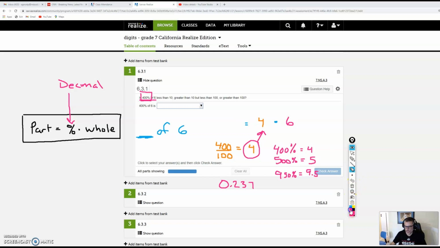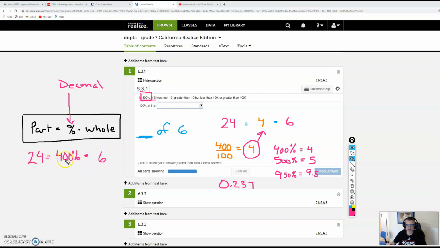So 24 is the part, is 400% of 6. 24 is 400% of 6.